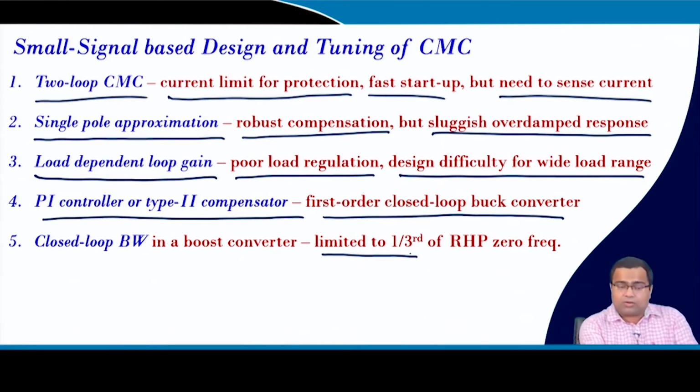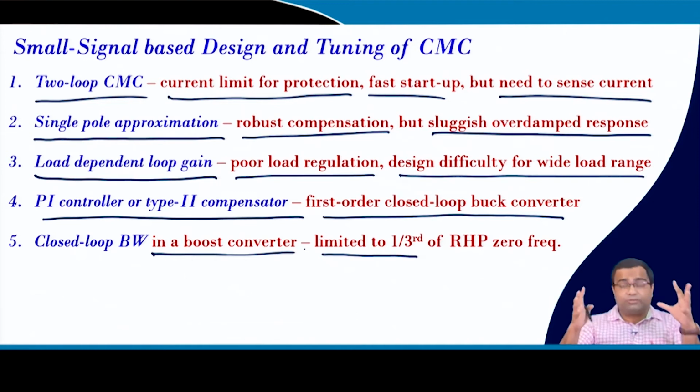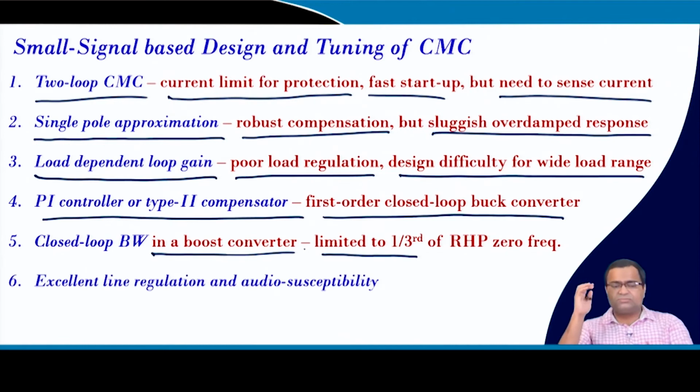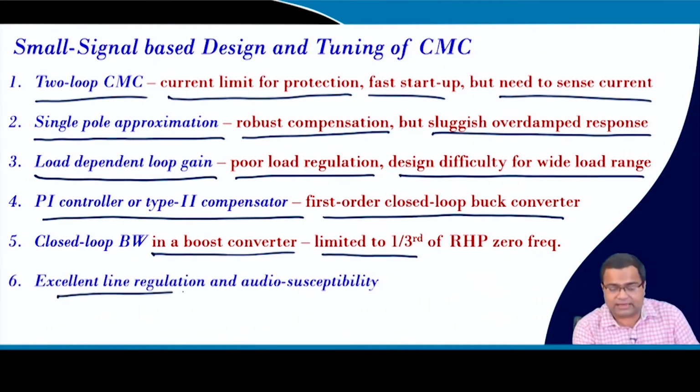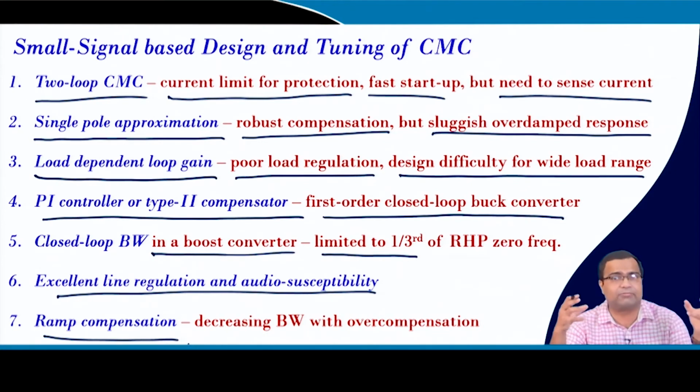So, from the model validity point of view, the boost converter using current mode control can offer a closed loop bandwidth of a minimum of 1/3 of the RHP0 or FSW by 10. Current mode control offers excellent line regulation and audio susceptibility, and the ramp compensation in current mode control is required if you have a subharmonic problem.